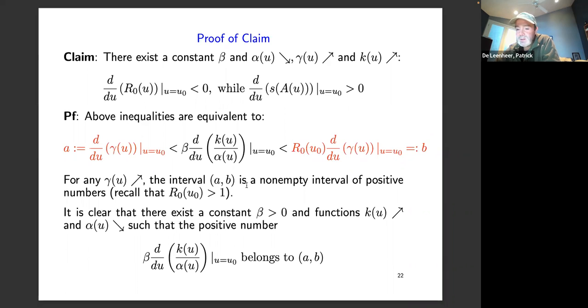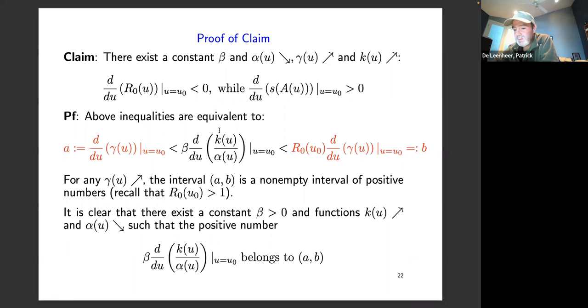So all we have to do is say, can I find beta, K, and alpha so that this derivative here is in that interval? And I claim that's quite easy. You can tune your beta, for example, or you can mess with K and alpha. K is positive and alpha is decreasing, so that the ratio is still increasing.